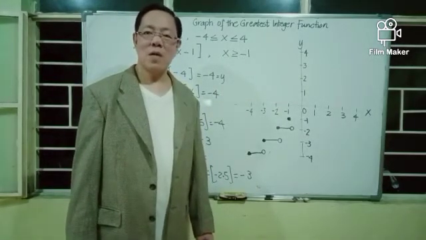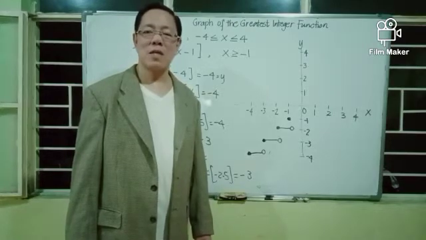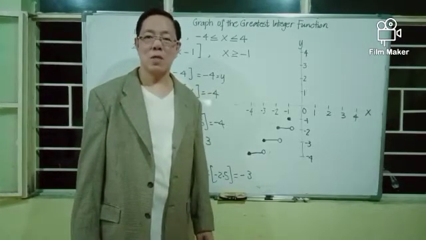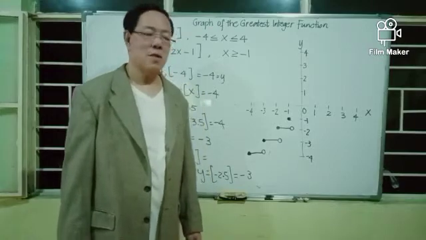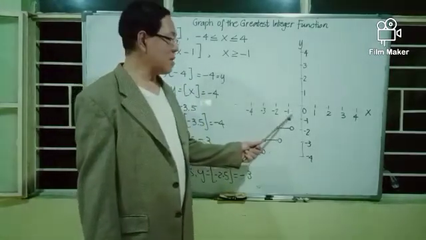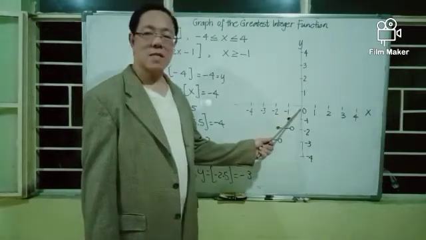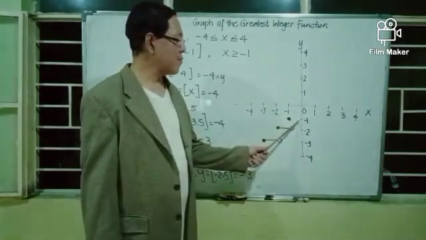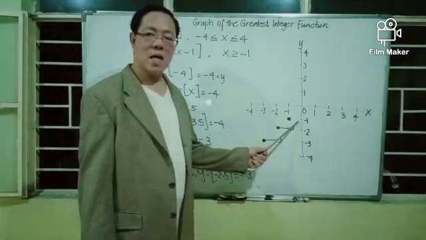The floor of 0 is the largest integer that is less than or equal to 0, and that integer is 0. So for values of x greater than -1 but less than 0, the value of y is -1.